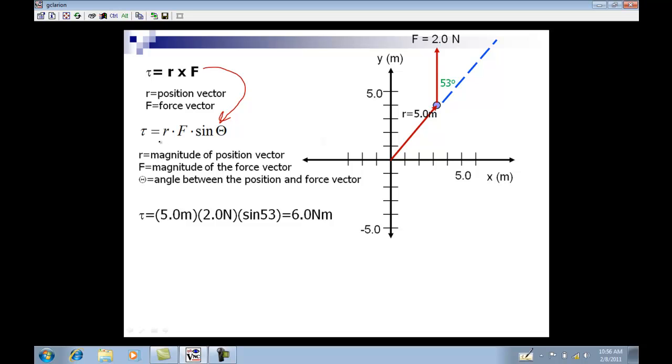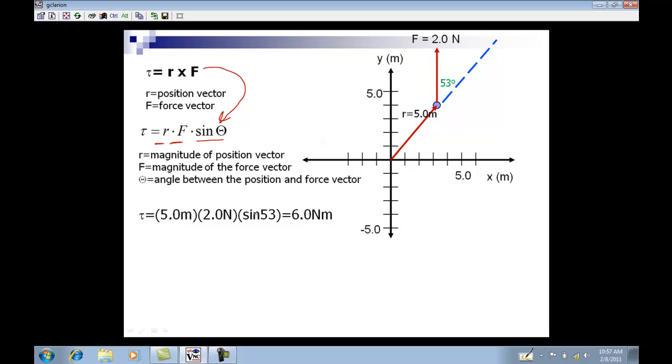We take the magnitude of the r vector, which in this case we know its length is 5 meters. We take the magnitude of the force, which we know is 2 newtons, and we take the sine of the angle between them. That is the other way.